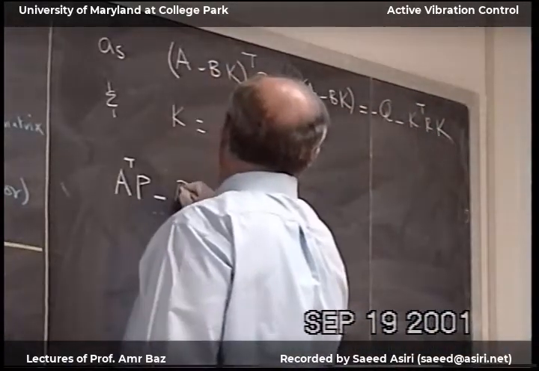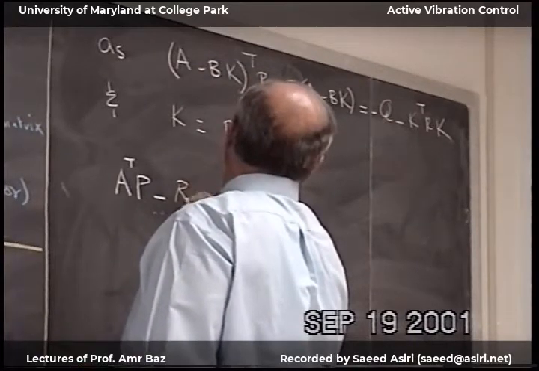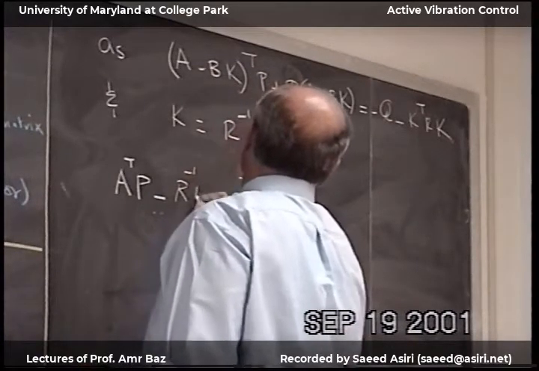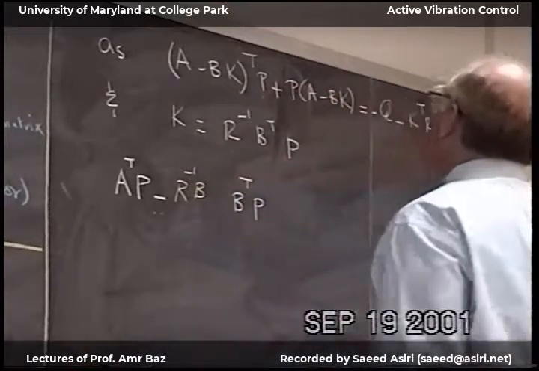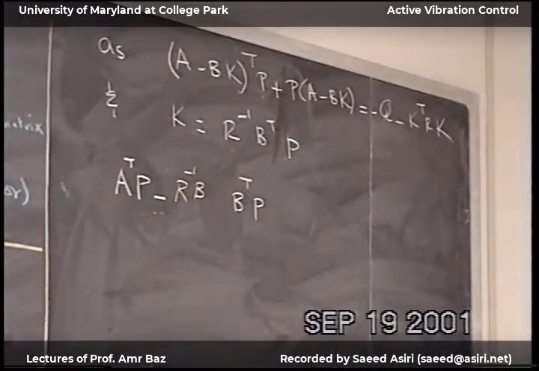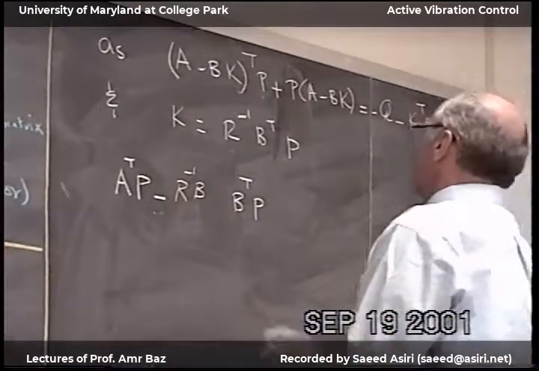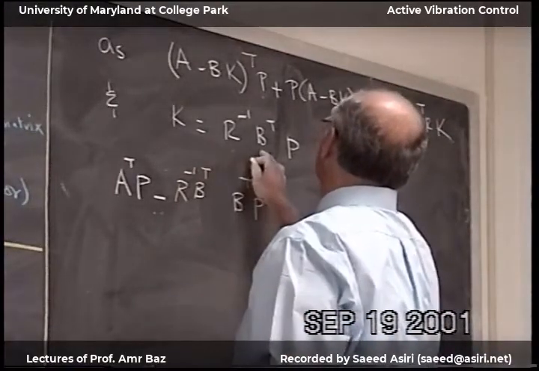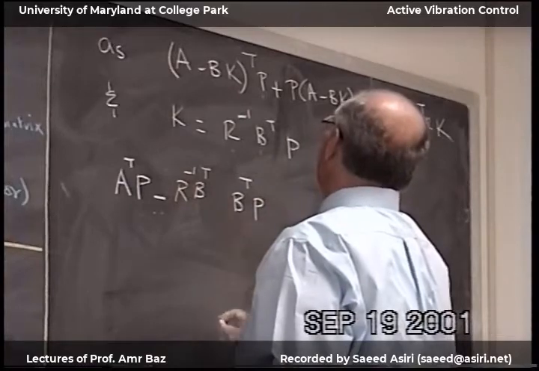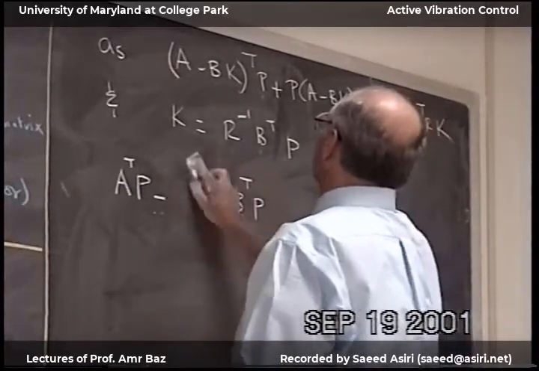So this is R inverse B transpose, and then we have, this is K transpose, I'm sorry.